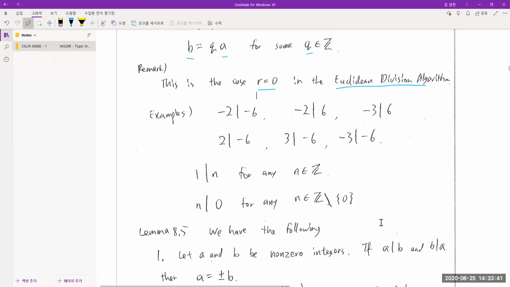Some trivial consequences are 1 divides any integer n, since we can write n equals 1 times n. Another trivial consequence is n divides 0 for any non-zero integer n. That is because we can write 0 equals n times 0. So 0 is divisible by n.